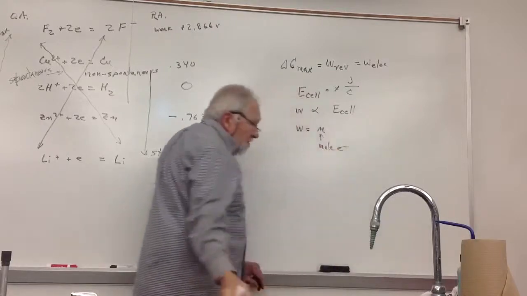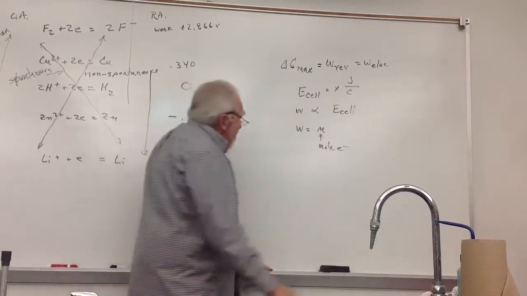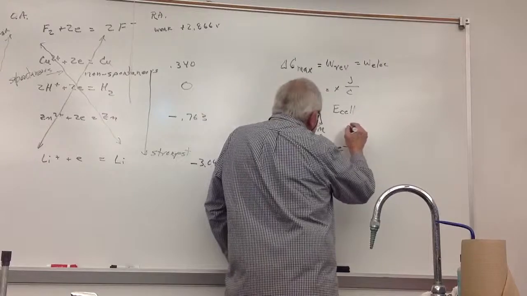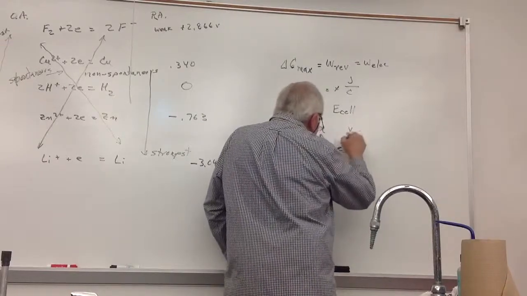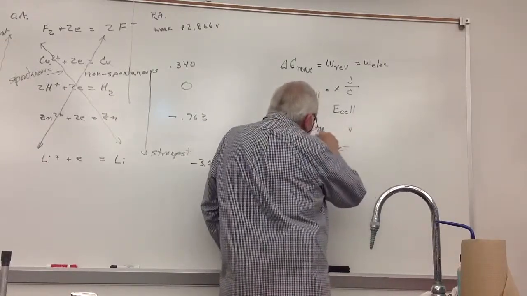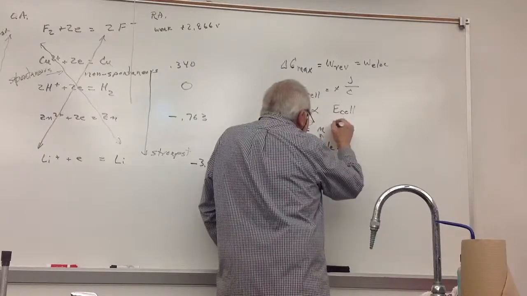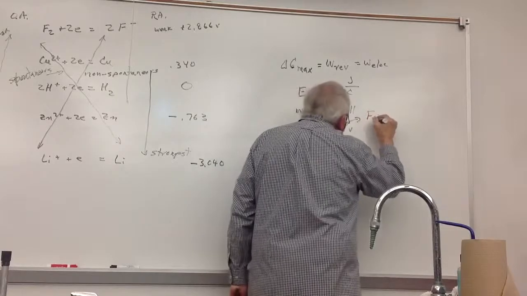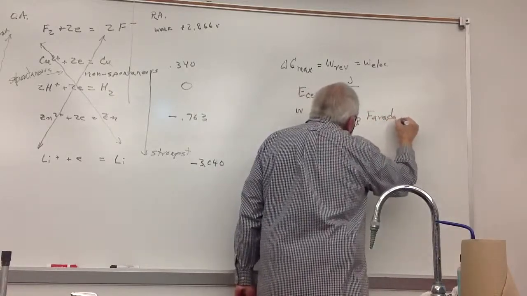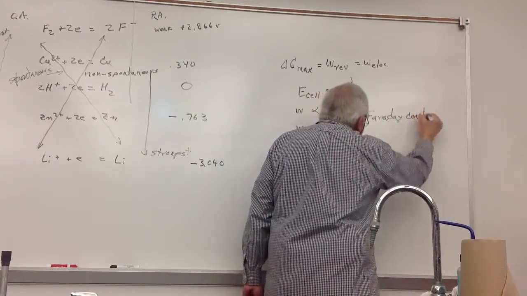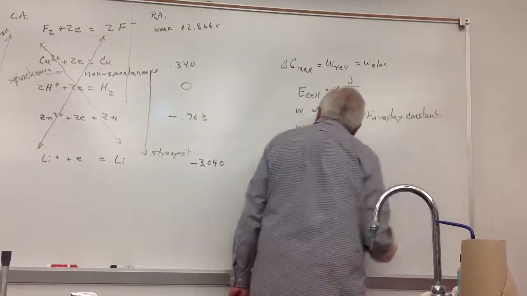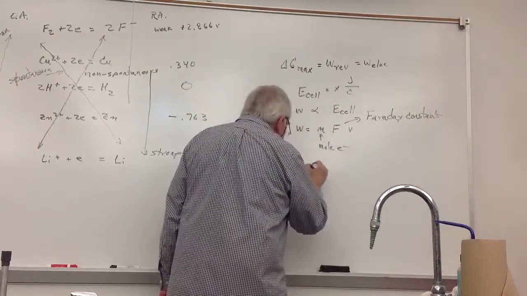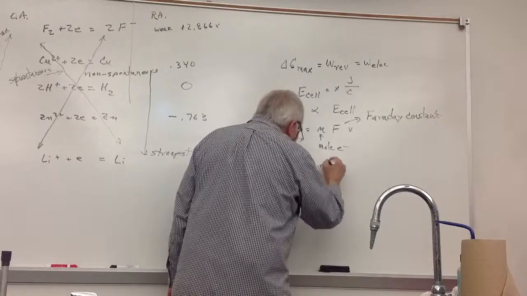In other words, N is still moles of electrons. If I multiply it by volts, this is joules per coulomb, so I have moles. I need a constant. On this side, I want joules. Here I have moles.